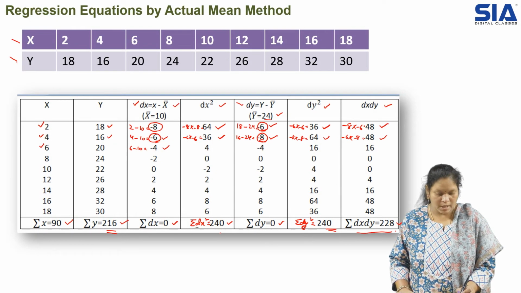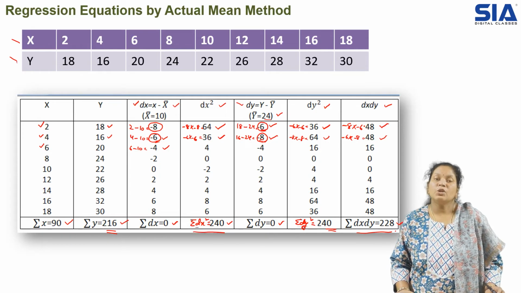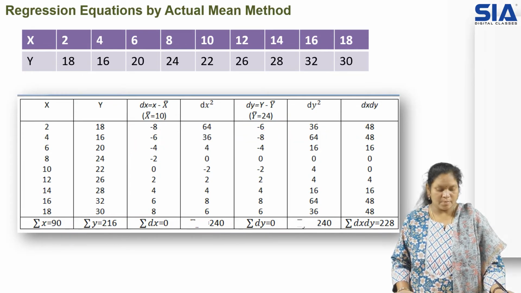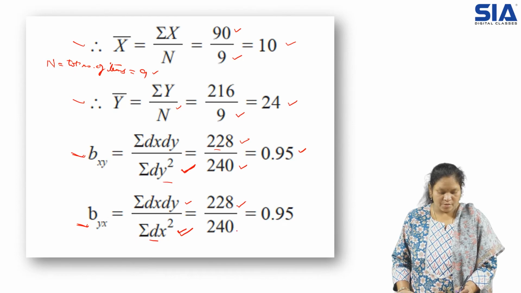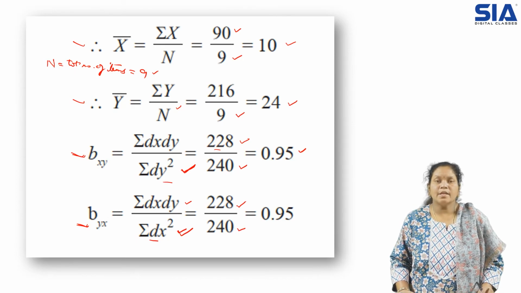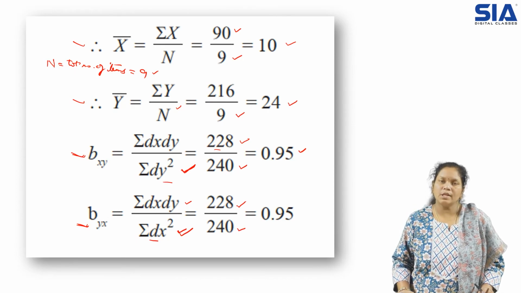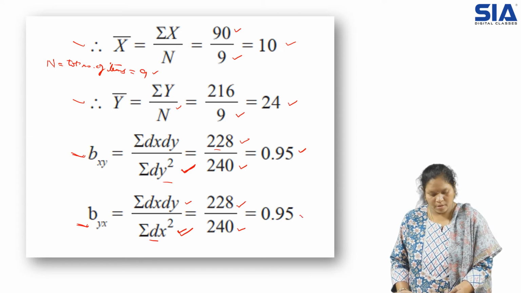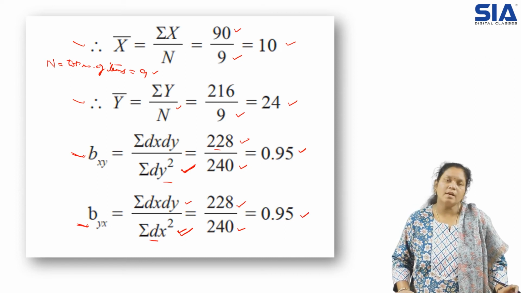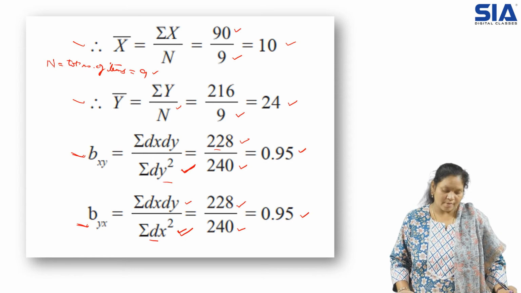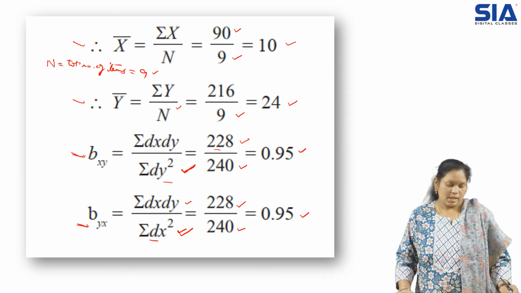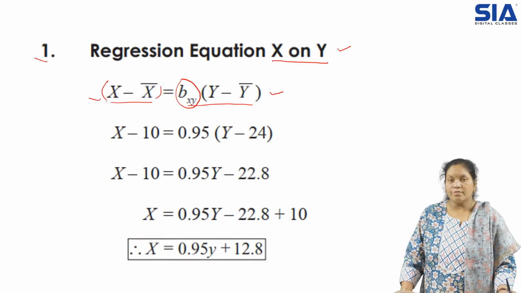Summation dx square, here we have the fourth column. Check it out. Summation dx square is 240. So take that and substitute here. Summation dx square 240. Now divide 228 by 240. You'll get the answer 0.95 again, because those are the same values. So bxy and byx, the same answers we got. So we have obtained the regression coefficients.